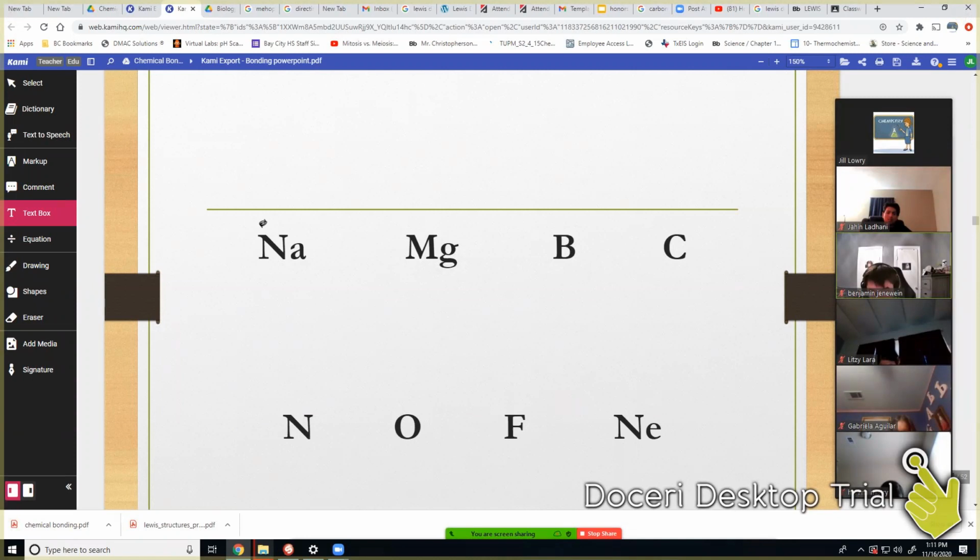So we're going to put 1 here and 1 there. And that's its Lewis dot. And we could keep on going because boron is group 13. So 13 minus 10 would be 3 valence electrons. Carbon, group 14, 4.